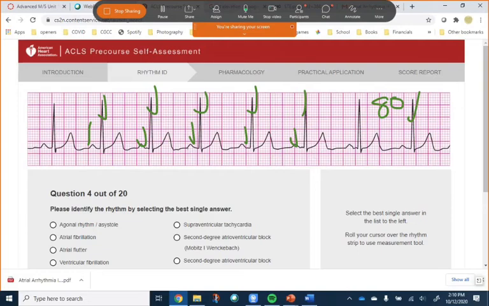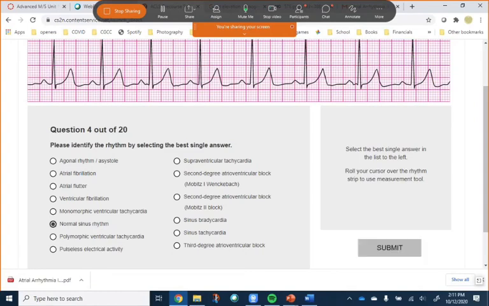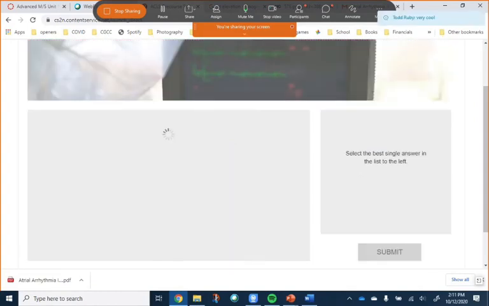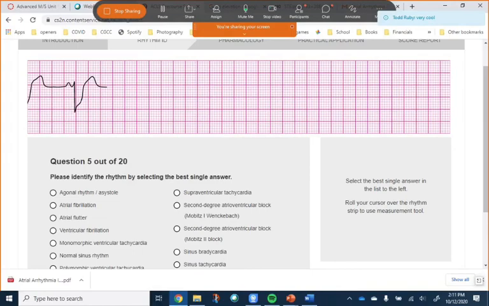Let me do from here to the R is right here. We have 1, 2, 3, 4, 5 boxes. So do we have a normal PR interval? We're normal, so it is sinus rhythm. So once you go through your whole checks, you can kind of decide what to call it. And normal sinus rhythm. Yay! Look how good you guys are. You're passing ACLS.